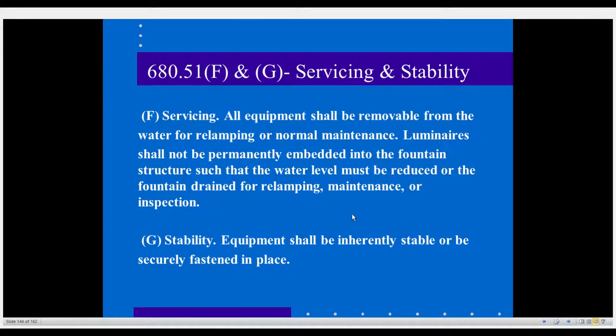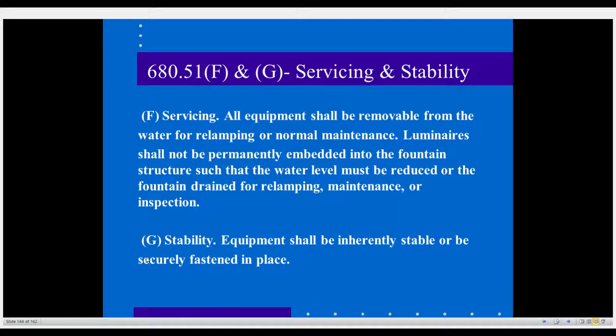So I have to give some kind of thought on how I'm putting these luminaires in there. Okay, so I can't permanently embed them to the point that I have to drain the water down in order to work on them, or even inspect them. So keeping that all in mind, think about your application when you're putting these luminaires in.